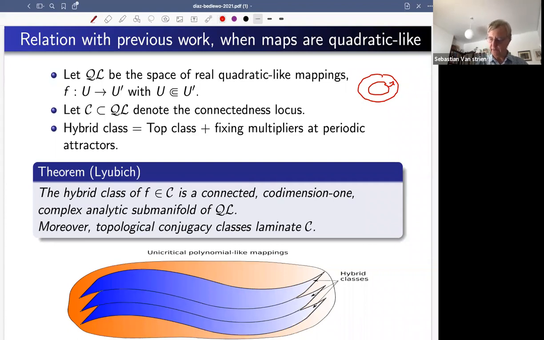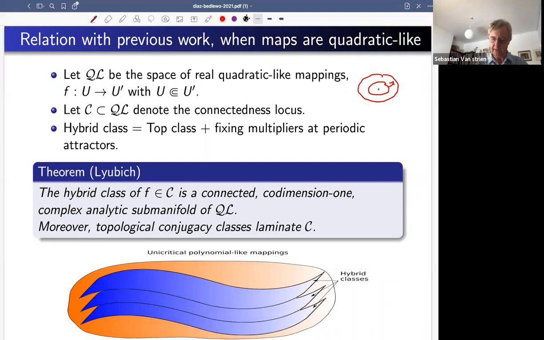And this map is quadratic-like in the sense that there is one critical point, but at every other point there's degree 2. So it's a branched covering map. And the extra property is that you look at the connectedness locus. So that's a set of maps such that the points that do not escape, you have here always points which maybe I'll draw in black.